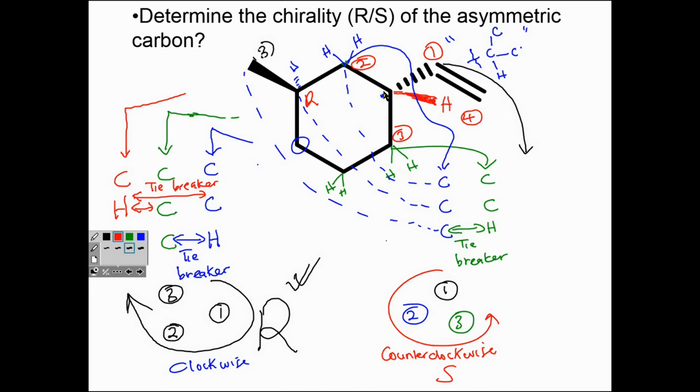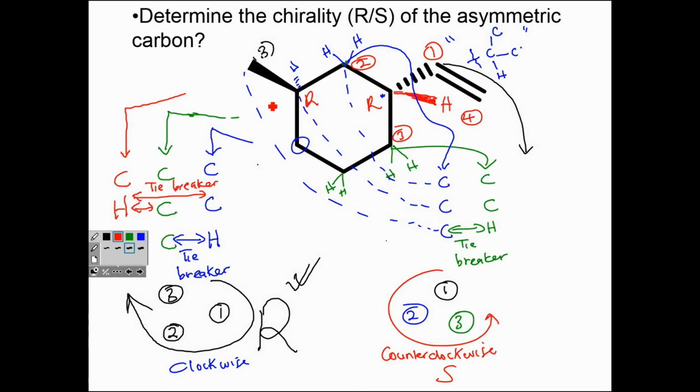It's an S, yes, but the smallest group has a bold wedge. The rule is it should be a dashed wedge or hatched wedge. So since you get an S according to assignment, the true assignment should be the opposite of S. It should be an R. So this one is an R. True assignment is an R.